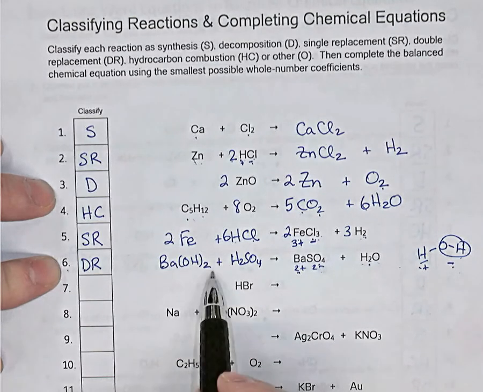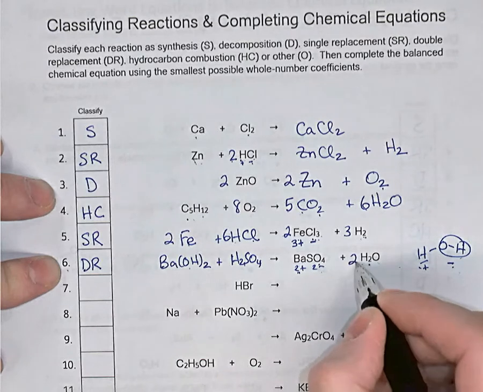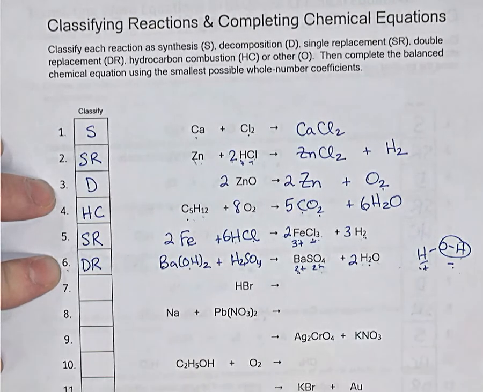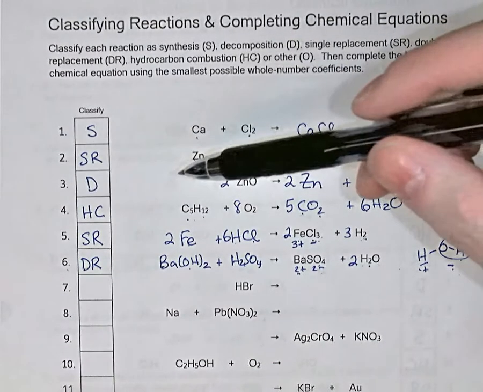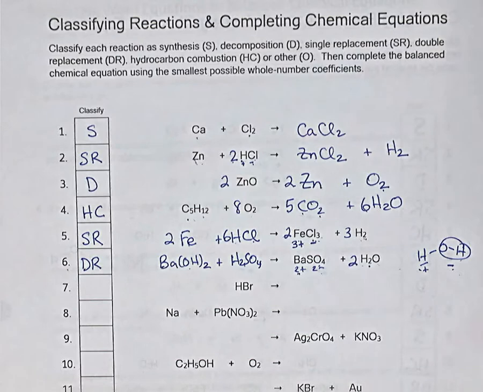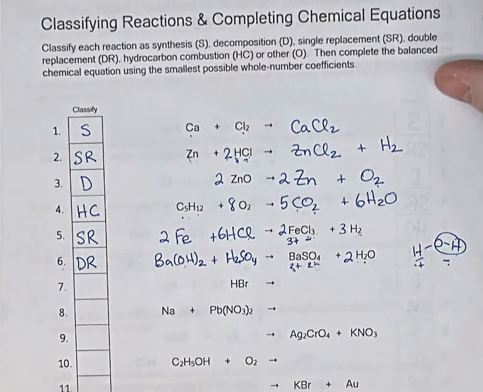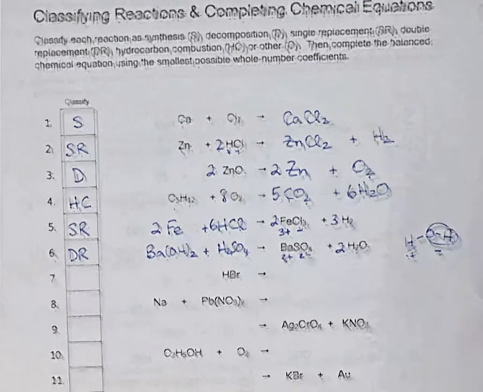To balance this, we have 2 H's and 2 OH's, so we're going to get 2 waters, 1 barium and 1 sulfate, and we're good. Alright, so there's classifying reactions in order to help predict the products, and then writing the formulas of the products using our rules for chemical nomenclature, and then balancing the equations as well. You can see things are getting more complicated.